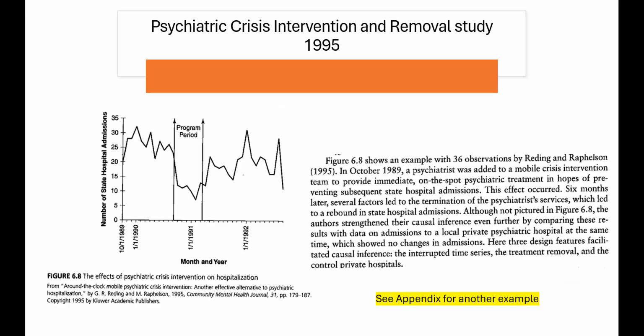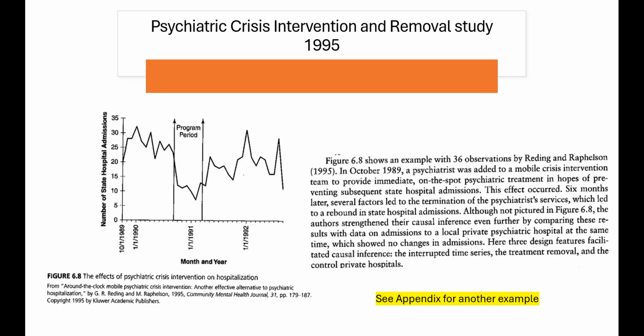Here's an example of a psychiatric crisis intervention and removal study. The intervention began and was removed 6 months later. On the right we can read that Figure 6.8 shows an example with 36 observations by Redding and Ralphson in 1995.